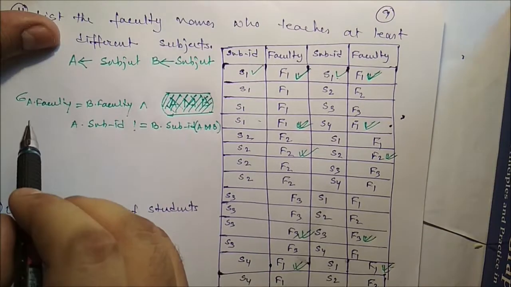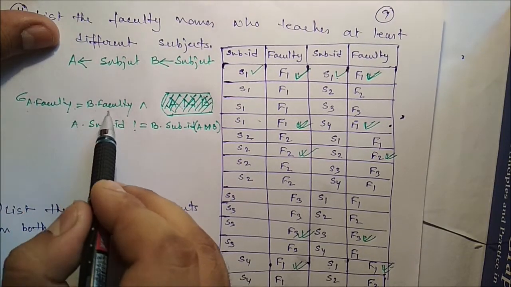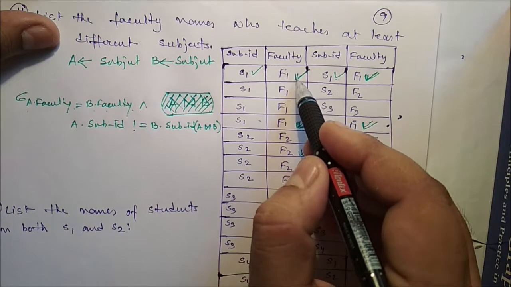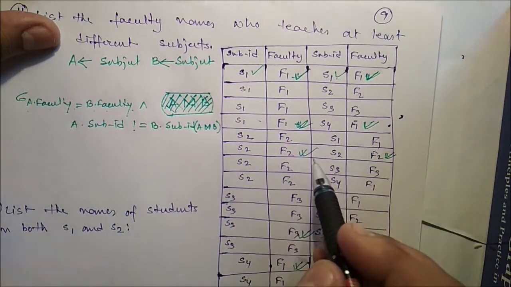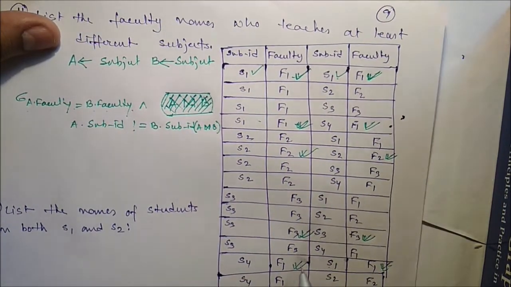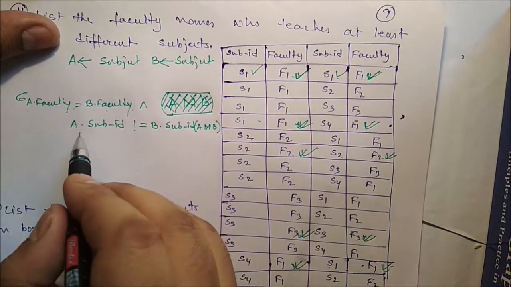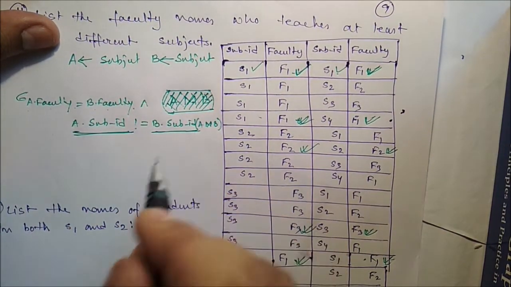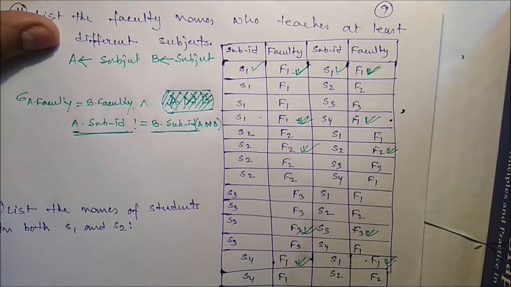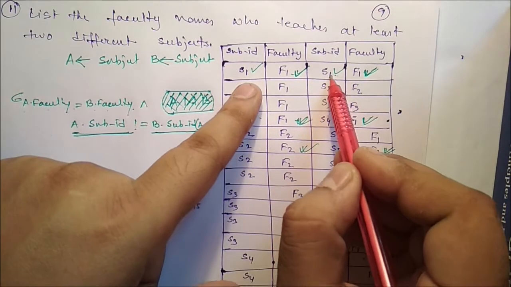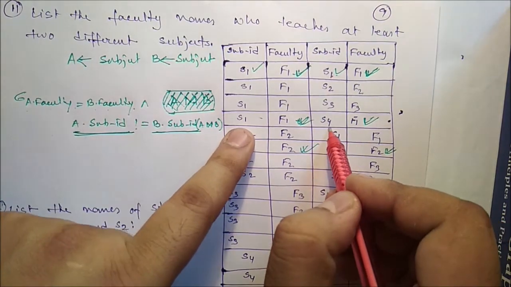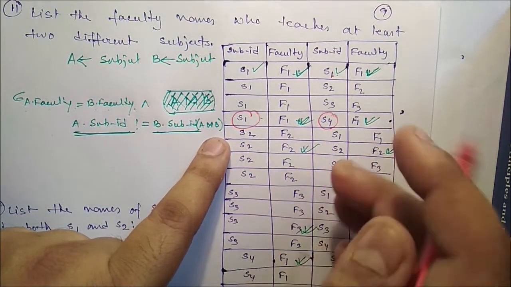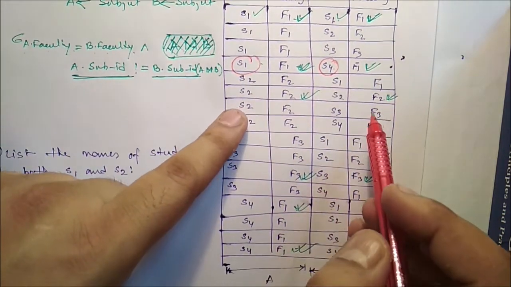So the query is: A faculty is equal to B faculty. So faculty name should be the same: F1, F1, F2, F3, F1, F1. But the subject code should not be the same. We can see here the subject code is different: S1 and S1 is the same, this one is different.